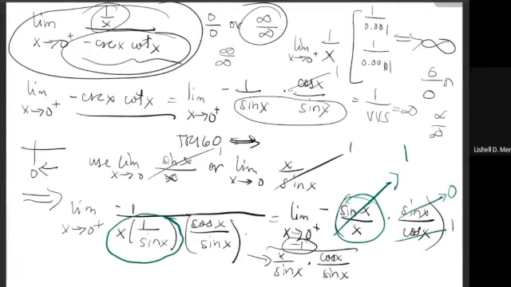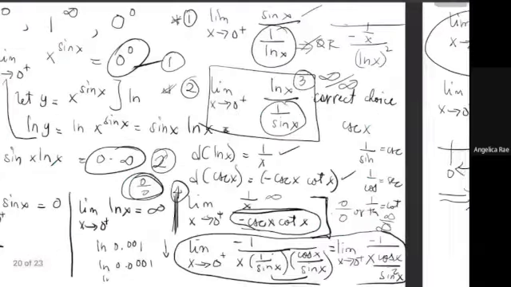Very good. So therefore, meron tayong 0 divided by 1. Indeterminate pa ba yan? Indeterminate pa po. Ha? Alin? 0 po. So the answer is 0. Yan pala eh. So the answer for this indeterminate form is equal to 0.